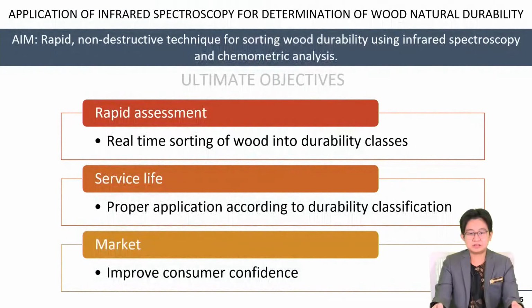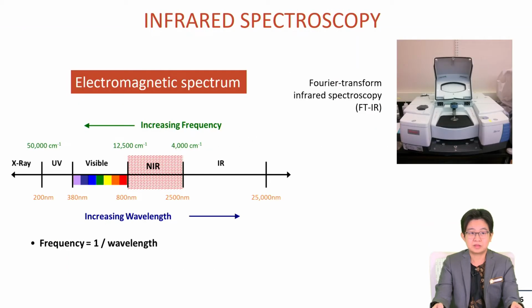Our ultimate objective at the end of the study is to produce a real-time sorting of wood into certain durability classes, which can give a proper application according to durability classification, which might enhance the service life of the timber. And finally, we hope that this can also improve consumer confidence in using timber as a raw material.